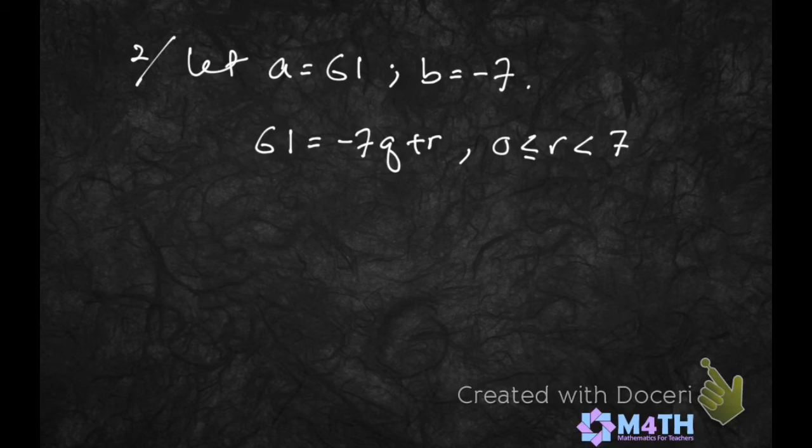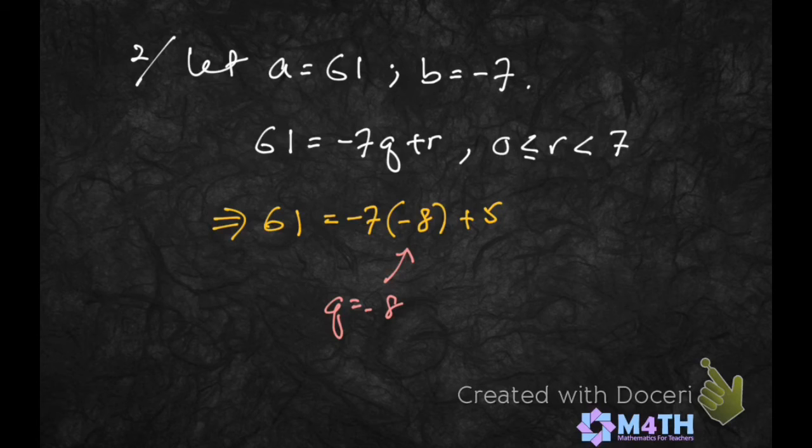Which one will satisfy the equation? If you try one by one, you will get 61 equals negative 7 times the quotient negative 8, plus the same r, 5. So q is negative 8 and r is 5. Again, you have a unique q and r.